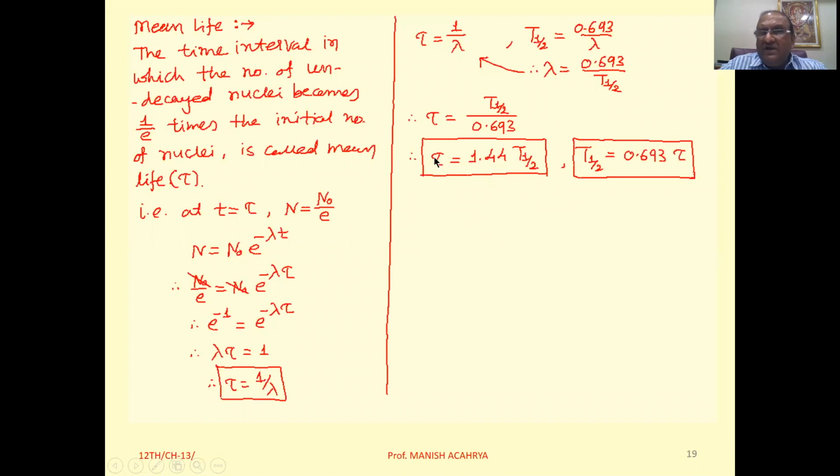So we can write tau equal to 1.44 t1 by 2. Or we can write t1 by 2 equal to 0.693 into tau. So the relationship between mean life and half lifetime is this one. Clear to all of you?